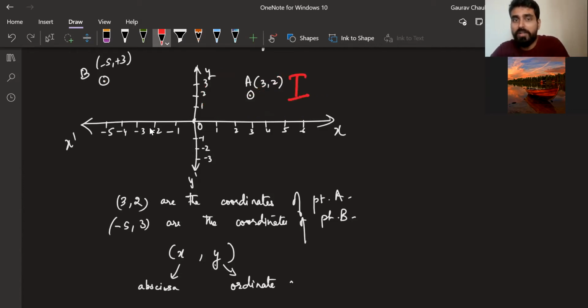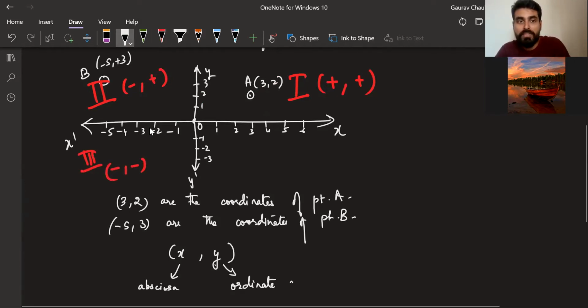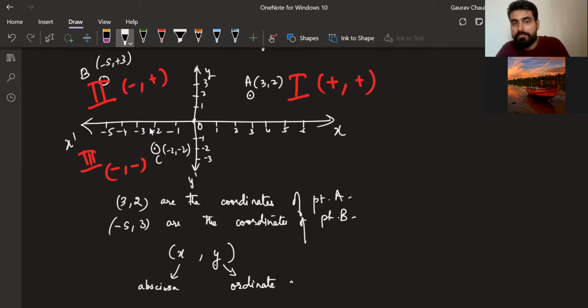Here we call this one the first quadrant, where x is positive and y is also positive. Here we call the second quadrant, where x is negative and y is positive. Third quadrant is where both are negative. If I take any point here, I will get C as -2, -2, correct?